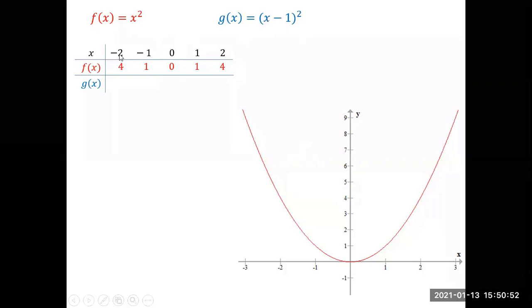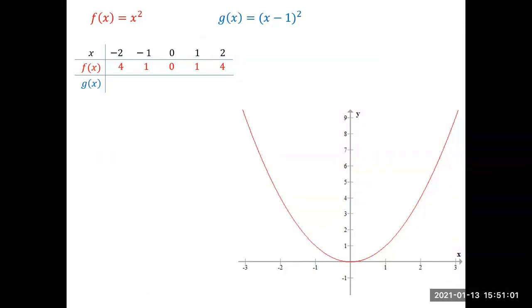If we were to plug -2 into that function, this would tell me to take -2 and subtract 1, which is -3. And when I now square -3, my output becomes 9. I'll ask that you pause this video and just verify by plugging in these other x values that you sure enough get these outputs.